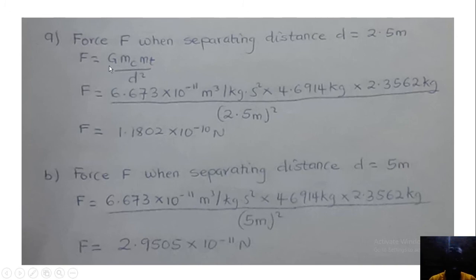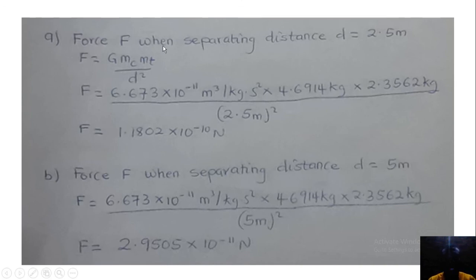So we know the universal gravitational constant to be 6.673 times 10 exponent negative 11, the mass of copper to be 4.6914 kilogram, and the mass of titanium to be 2.3562 kilogram, all over the separating distance 2.5.